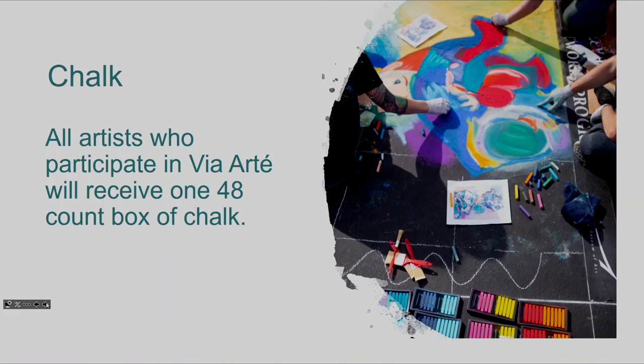So chalk. All artists who participate will receive one 48-count box of chalk. But sometimes artists need to use a lot of yellow or a lot of blue, so they often will bring their own chalk to the festival to make sure they can complete their image.